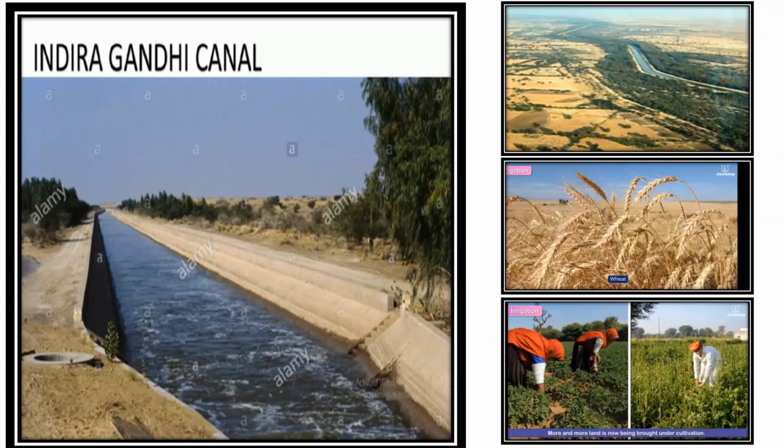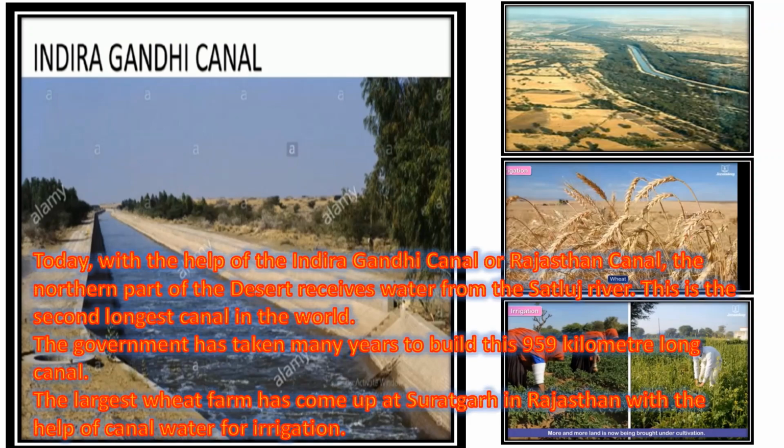Children, this picture shows the Indira Gandhi Canal or Rajasthan Canal. Today, with the help of the Indira Gandhi Canal or Rajasthan Canal, the northern part of the desert receives water from the Satluj River. This is the second longest canal in the world.